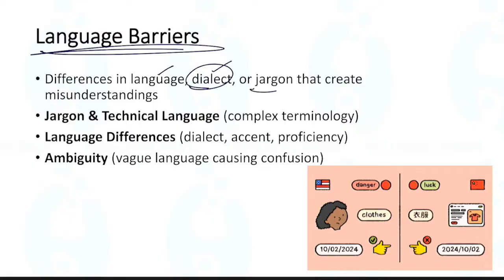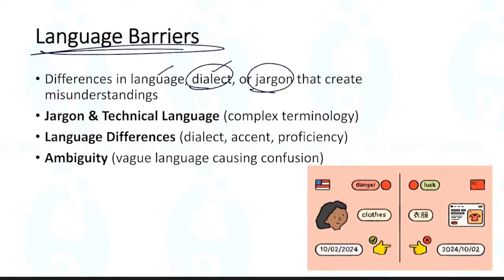Fine. And the next one is jargon. Jargon is the use of technical terminologies. A doctor using hi-fi technical terminologies in front of a patient who is a layman or maybe illiterate will create difficulty in communicating with them, right? Hypertension is a technical terminology which all may not know, especially an illiterate person.